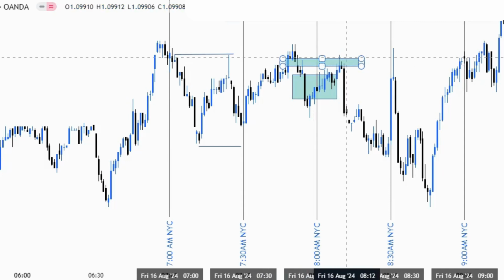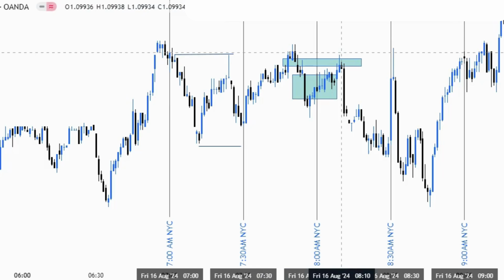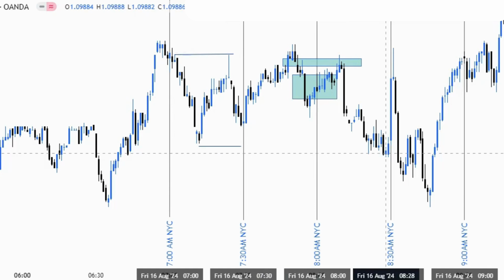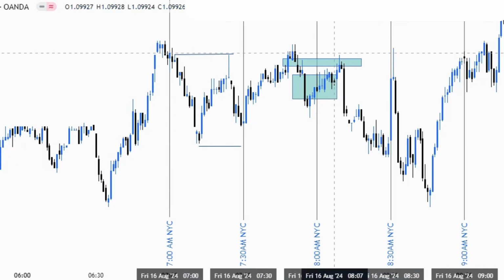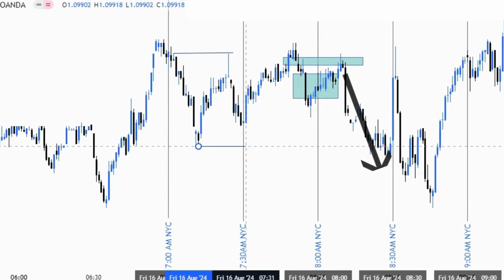The inversion fair value gap. Okay? And then what does it do after that? It runs the smooth edges. Price comes, taps into that, and then comes down to take out the smooth edges, to do what? To make them jagged.